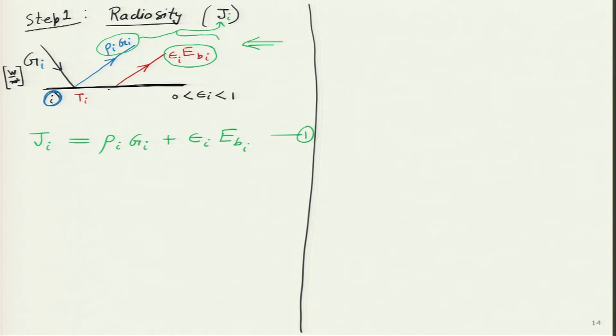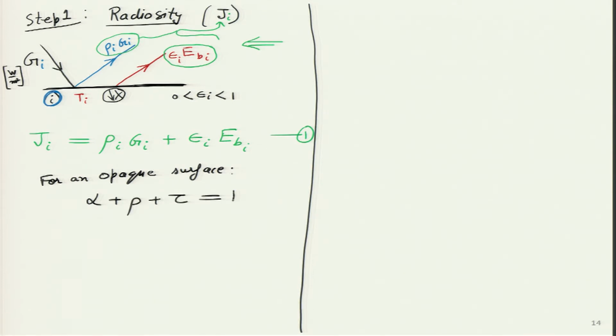Opaque means that there is nothing which is going to transmit through it. So I will put a cross over here, there is no transmission. So for an opaque surface, I get a very nice expression like this.